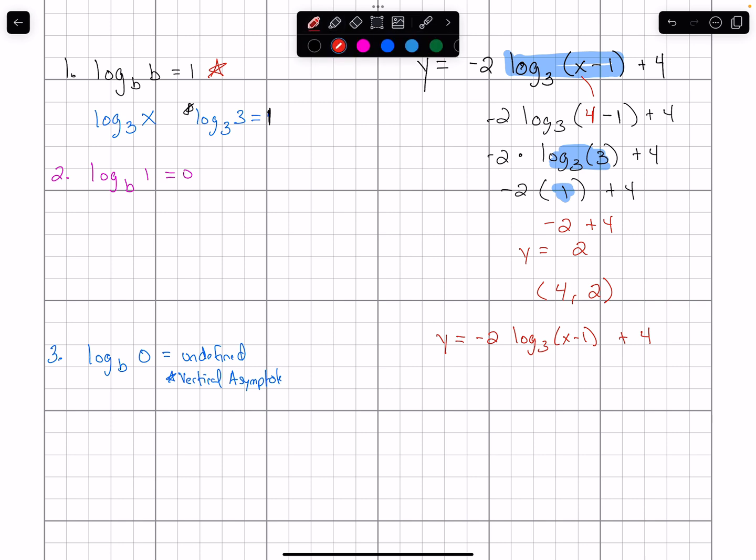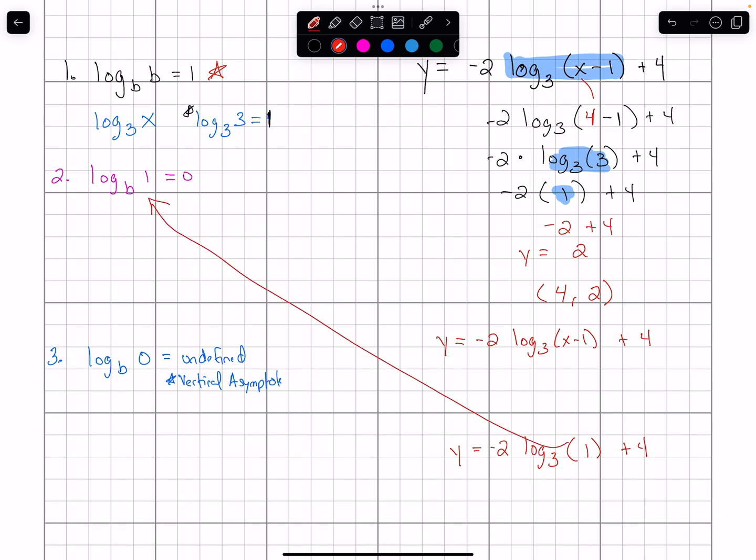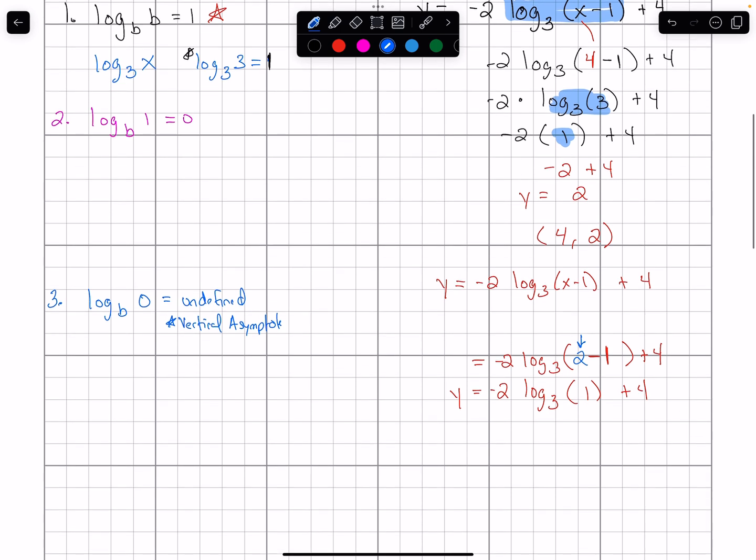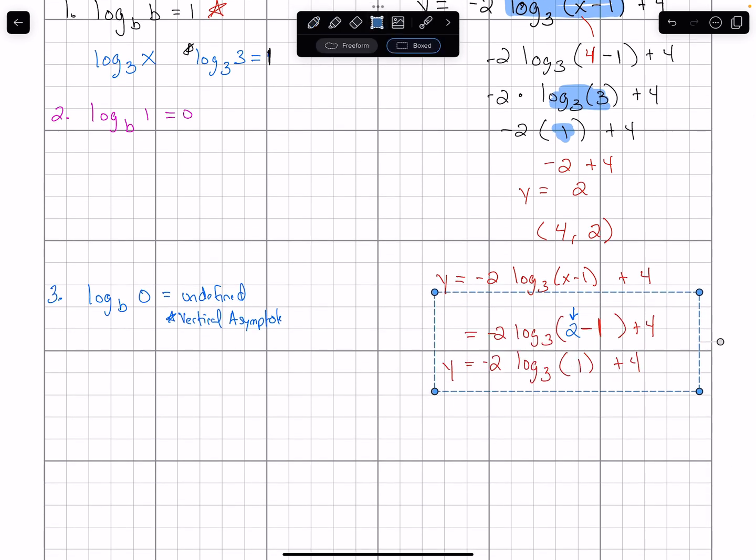Okay, so I'm trying to get to y equals negative 2 log base 3 of 1 plus 4, right? And that 1 is going to allow me to use that property. So how do I get that to be 1? Well, what must that x value be in order to get 1? And that's going to be 2. Because 2 minus 1 is 1. So I'm looking for those values.